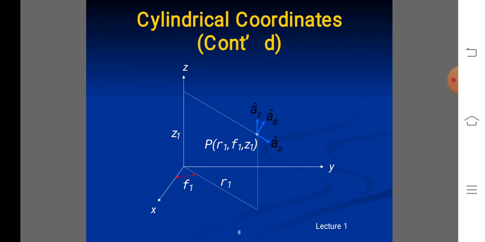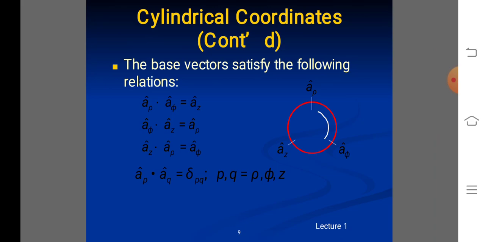A vector A in cylindrical coordinates can be written in terms of the base vectors: a_rho dot a_phi equals a_z, same as in the previous Cartesian coordinate system. a_phi dot a_z equals a_rho, and a_z dot a_rho equals a_phi, which means two vectors multiplied by the dot product give another vector. These are called the base vector relations.